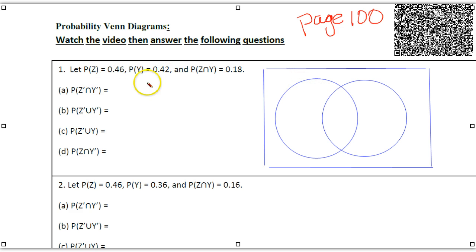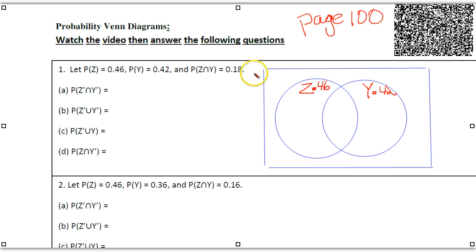Well, we have set Z, which we will designate as set C, and we know that all of this is 0.46%. And we have set Y, and all of this is 0.42%.